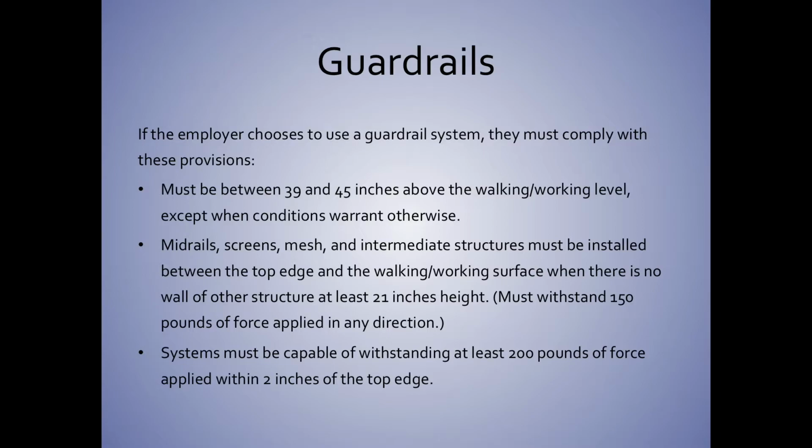Systems must withstand 150 pounds of force applied in any direction. Systems must be capable of withstanding at least 200 pounds of force applied within 2 inches of the top edge.